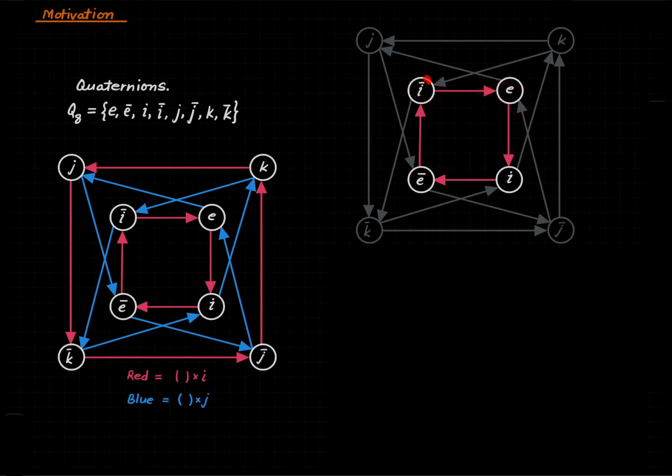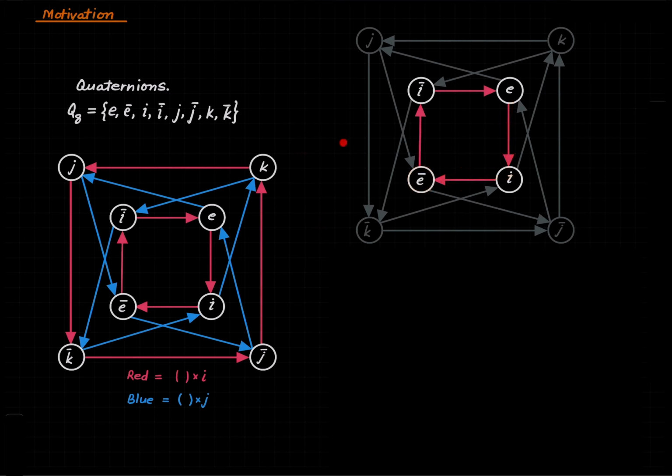For example, suppose I multiplied this with that. Let me trace back. Suppose I want to multiply this with that. Now multiplying anything on the right by this is as good as following the red arrow twice. That's the kind of thing we discussed here.